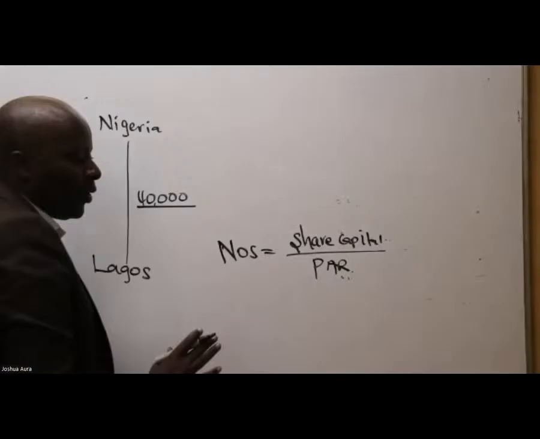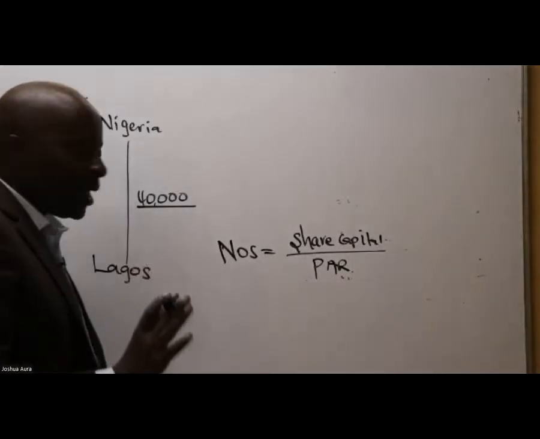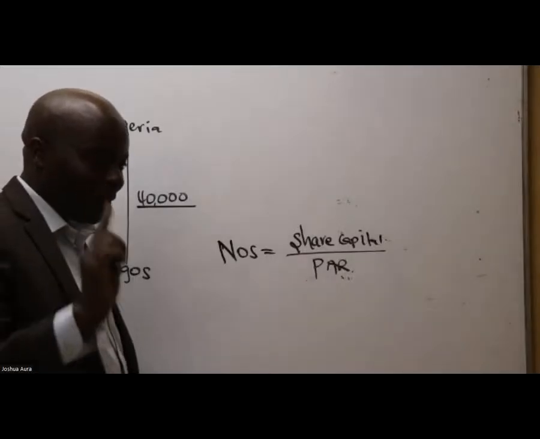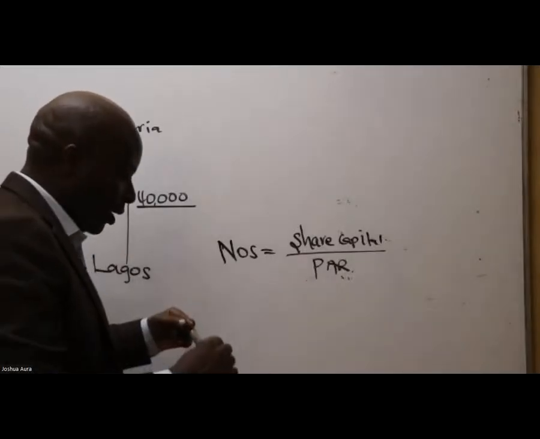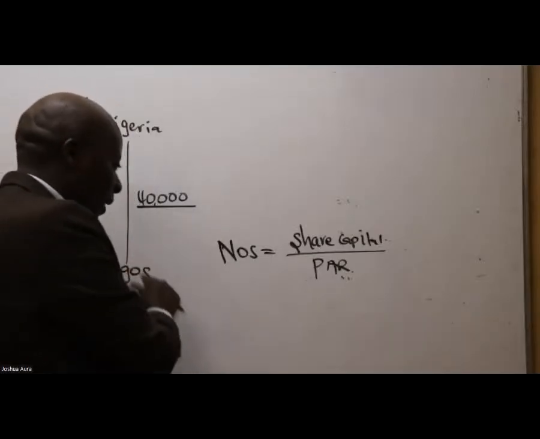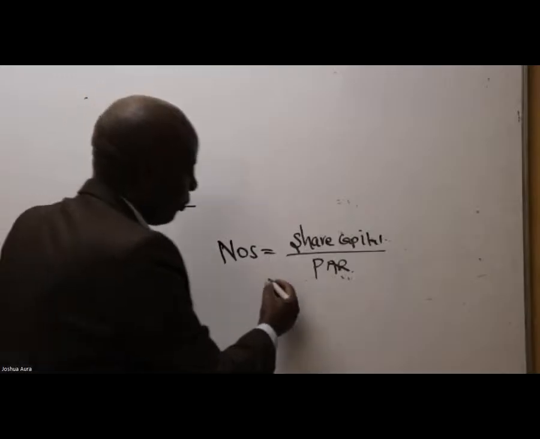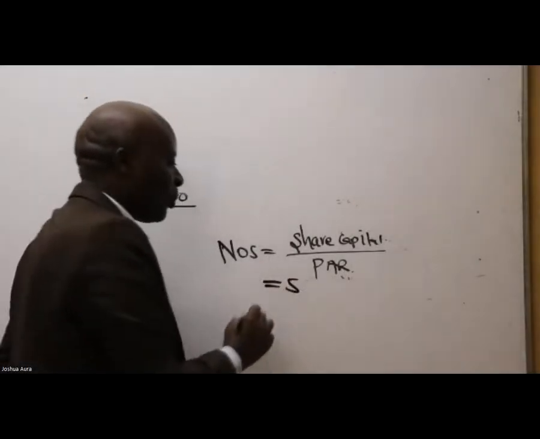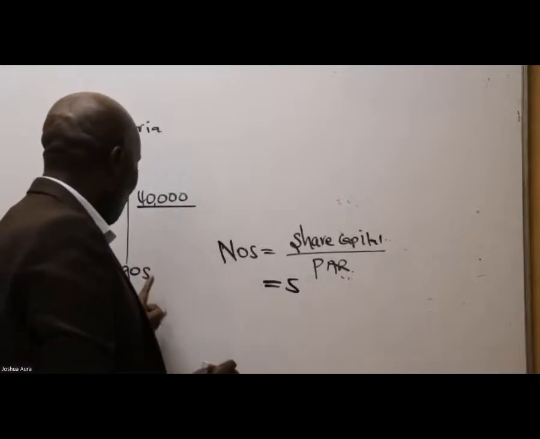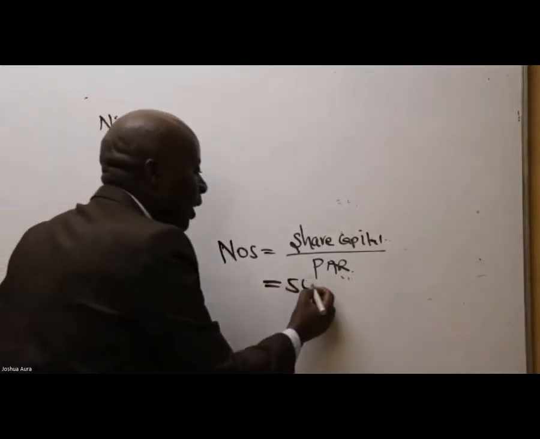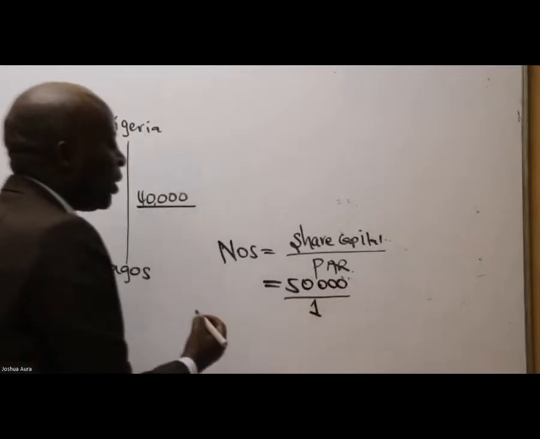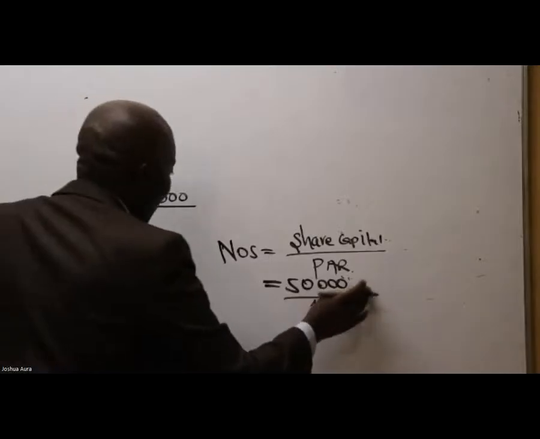I'm interested in the number of ordinary shares of the subsidiary, not the parent. We bought 40,000 shares; how many does it have in total? The share capital of this company called Lagos is 50,000 and the par value is 1. So in total, the number of ordinary shares is 50,000.